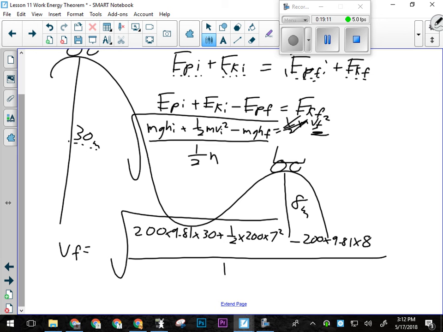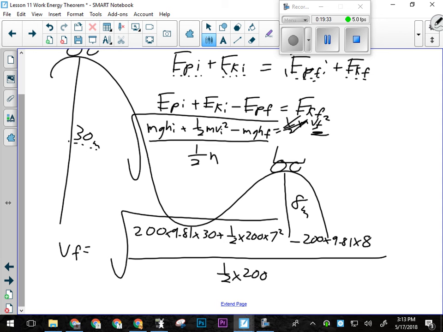And then divide all that by 1/2 times 200. Now, if you're a math whiz, you've probably noticed that every single term is multiplied by 200. Could I take 200 right out of there if every term is multiplied by it? Yeah, well, actually, you can just cancel it, right?